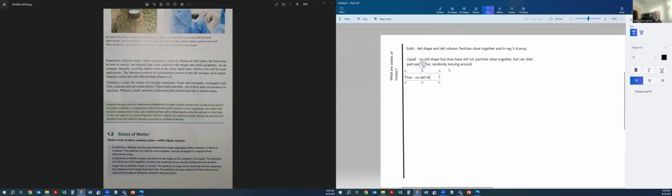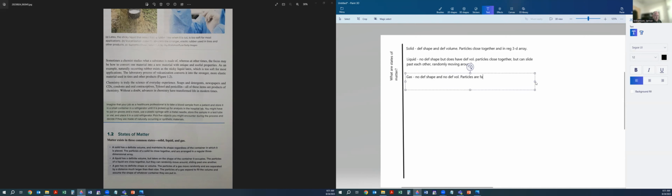Gas has no definite shape and no definite volume. Notice I'm putting it a little bit in my own words. I'm not necessarily copying the definition exactly, but I'm staying pretty close.